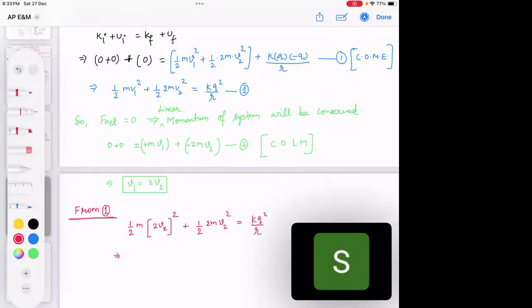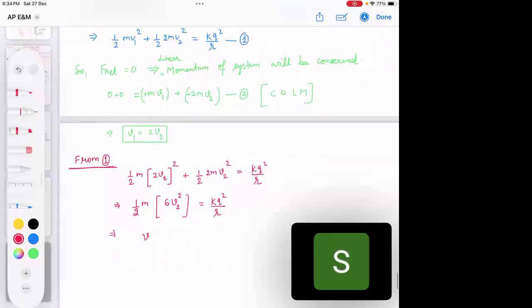If you simplify it, half common, m common, so we have 2 square, that means 4V2 square, and another 2V2 square. Is it 6V2 square? That should be equal to kq square by r. Understood?